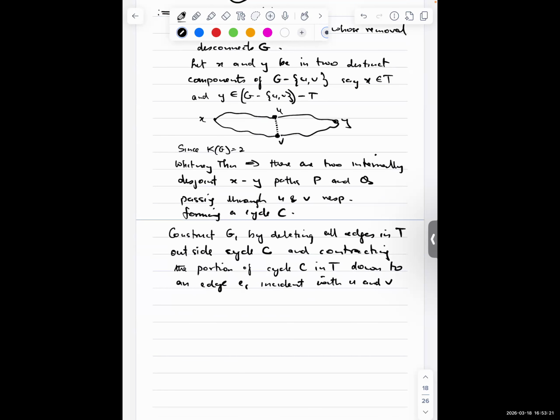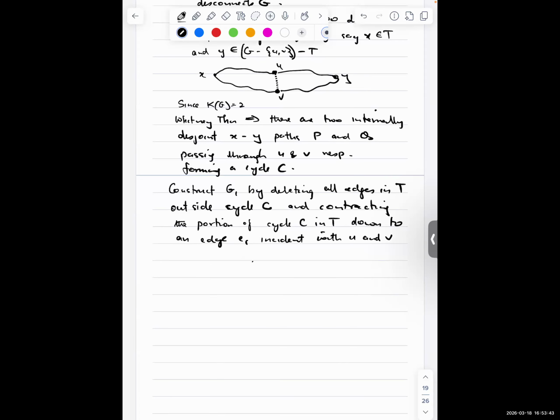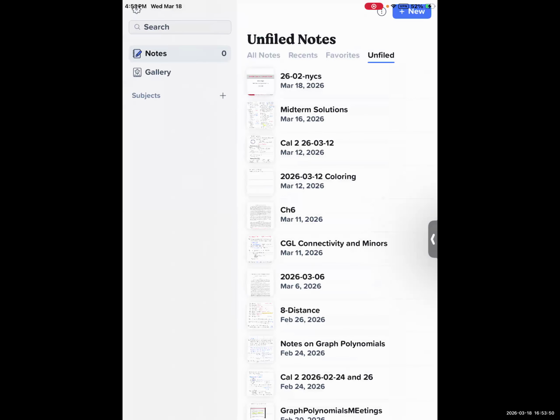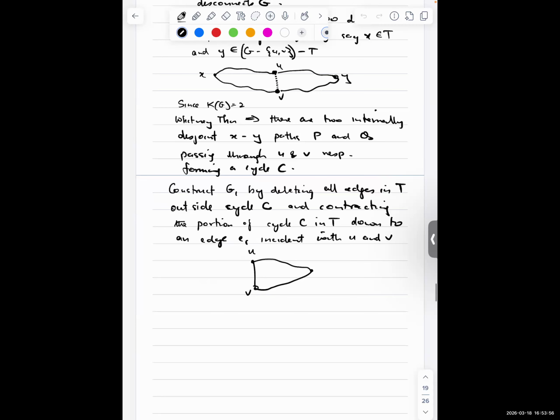All right. So what are we calling G1? I believe, let's see, did I get this backwards? And I think this is okay. So you start with, you delete all the edges in T. Okay, in my picture, at least I have this.